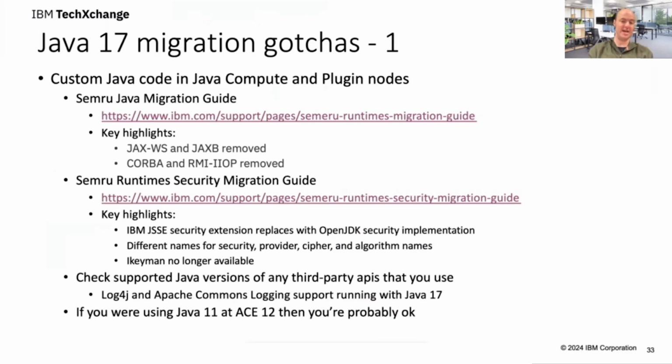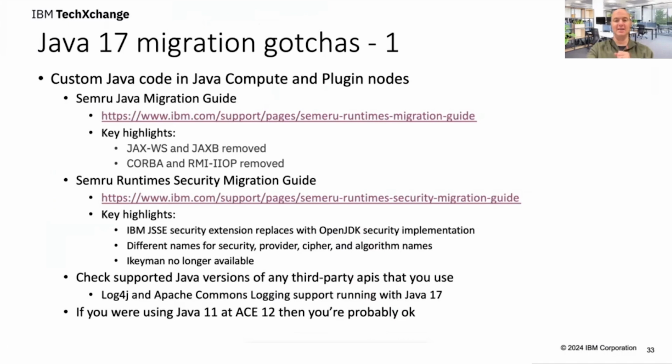If you've just used Log4j or Apache's common logging, those frameworks do support Java 17, so you'll be okay there. But if you've used some other stuff, JAX-WS, JAX-B, Corba, RMIOP, those things have been removed from Java 17, or they're actually removed in Java 11, still gone in Java 17, and that's what's caused us the most problems.